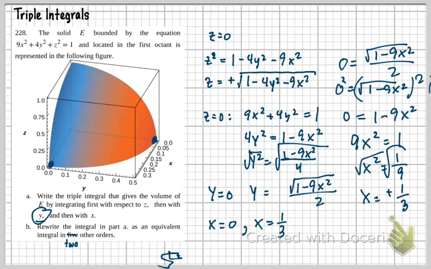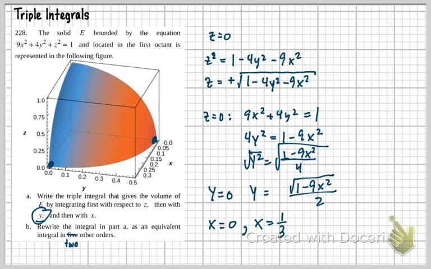So now that we have our bounds for all of our variables, with respect to z, with respect to x, and with respect to y, we can proceed and set up the integral as it requested. So without cutting everything out, the x was last. So the x was from 0 to 1/3.